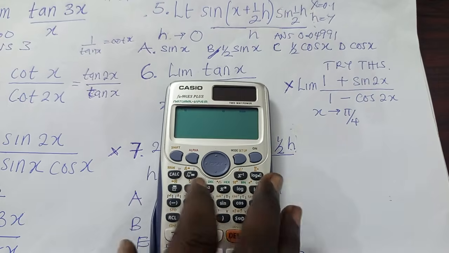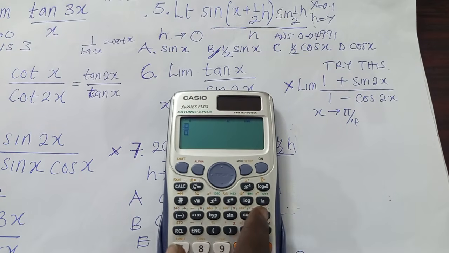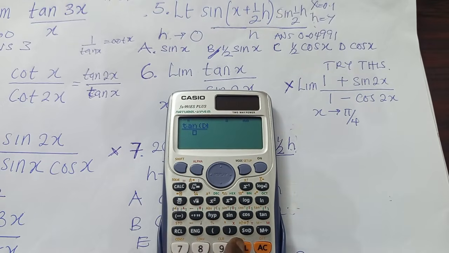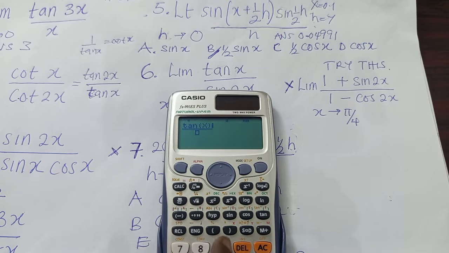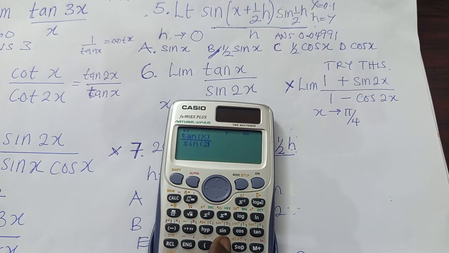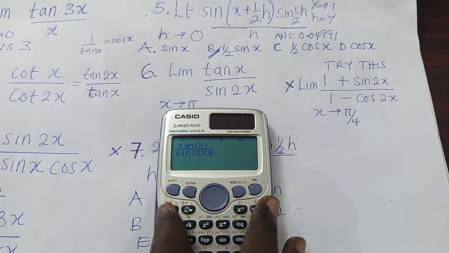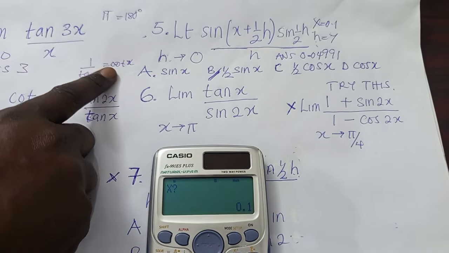Then you press your fraction, then tan alpha x, close bracket, then sine 2 alpha x, close bracket. Then press calc. Pi is 180, I told you before. If you check up here, look at it.